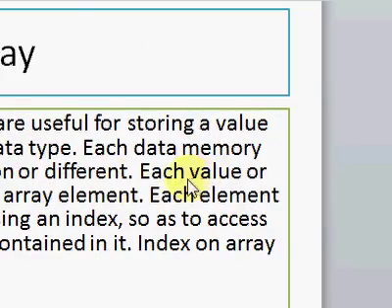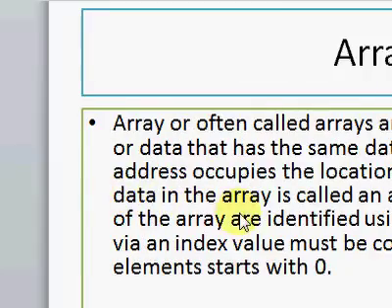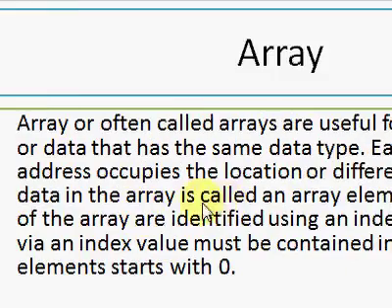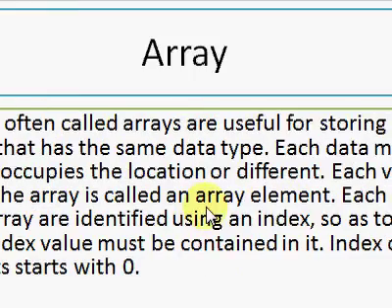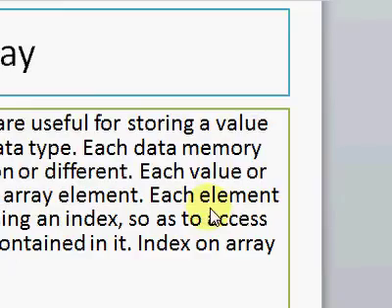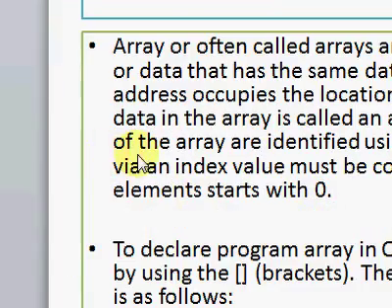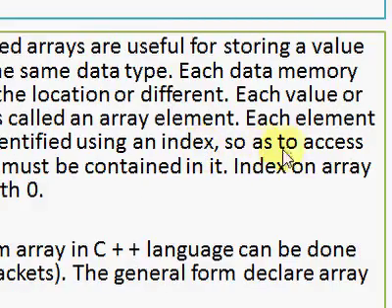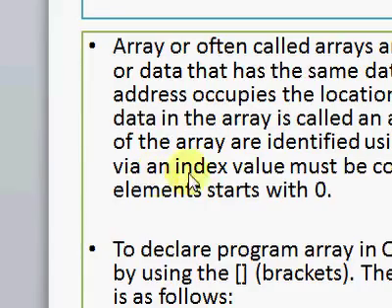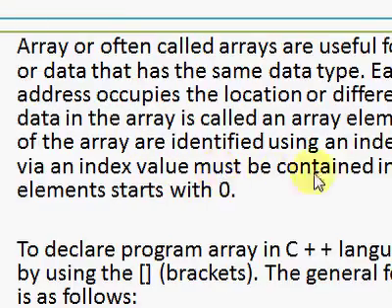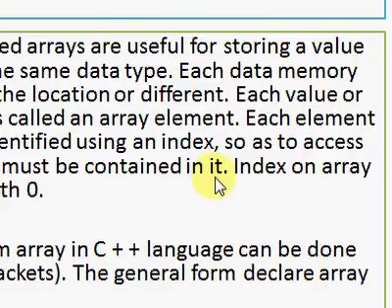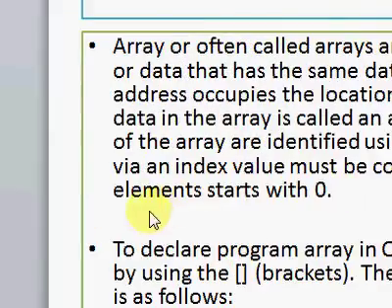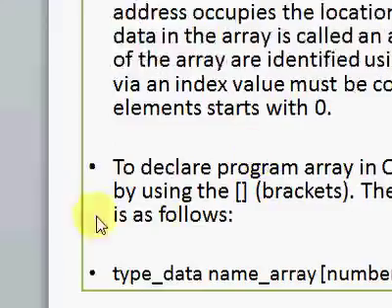Each value or data in the array is called an array element. Each element of the array is identified using an index, which is used to access it. The index of an array element starts with 0.